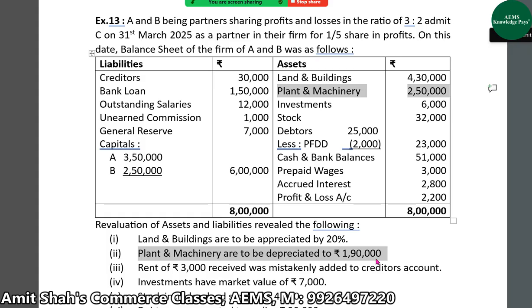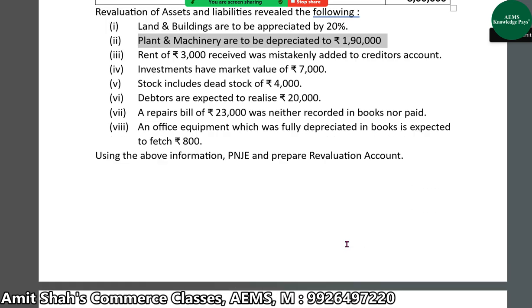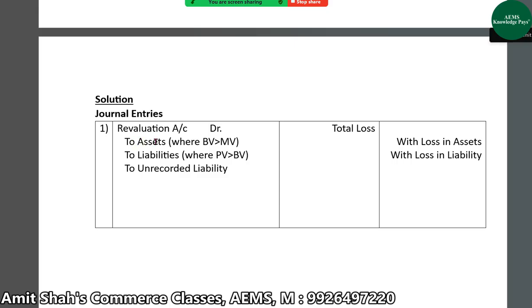So 60,000 is the decrease in the value of plant and machinery, and that is why it is our loss. To decrease any asset, we credit that asset. And that is what we will do here. We will credit plant and machinery account with 60,000.